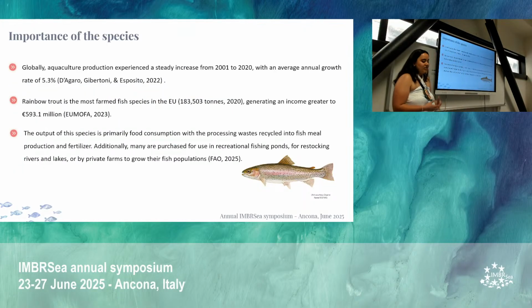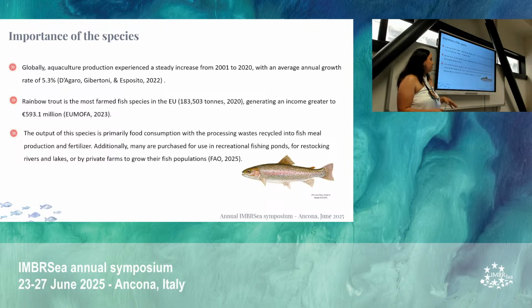So why do we care? Why is this fish species important, and why is it important to be able to farm them in a good way? Globally, trout is one of the most important economic resources, and in Europe, it is the most farmed fish species.